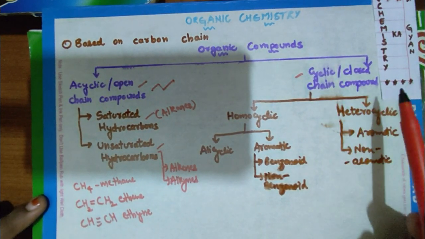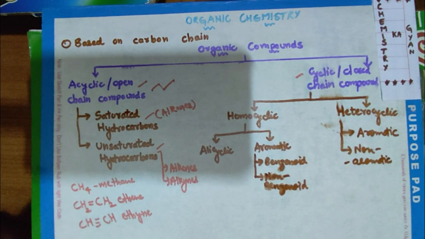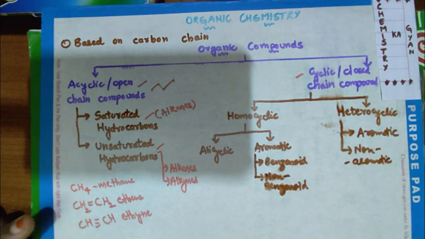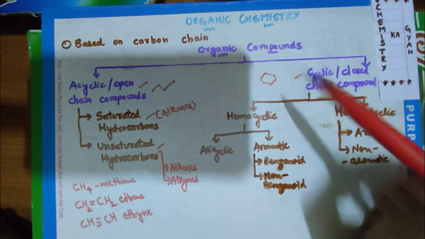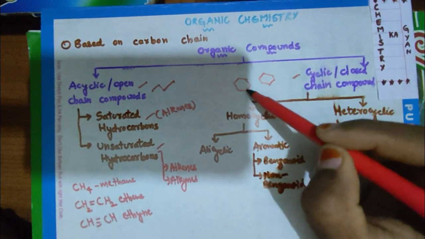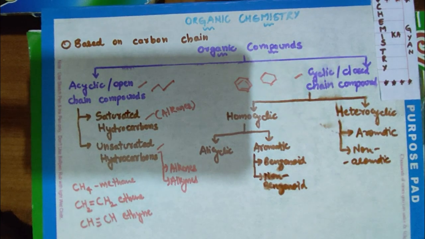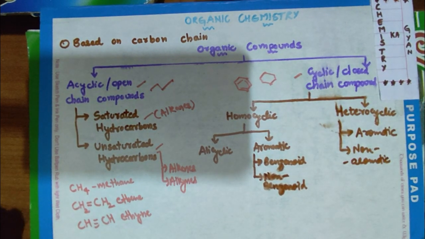Now coming to the cyclic or closed chain compounds, they are divided into homocyclic and heterocyclic. Cyclic means we could draw a simple cyclohexane or a benzene ring. These are the classical examples of cyclic or closed chain compounds.